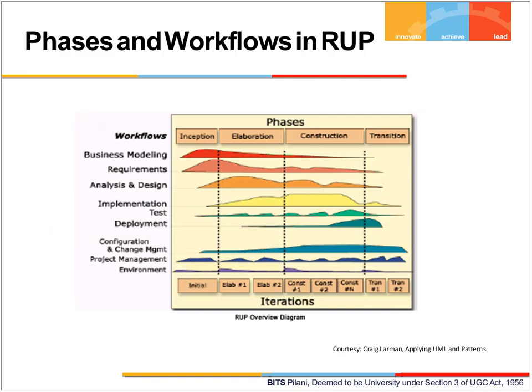Now if you see this diagram again, it has three dimensions: phases, workflow activities, plus iterations. So every phase is divided into iterations, right?